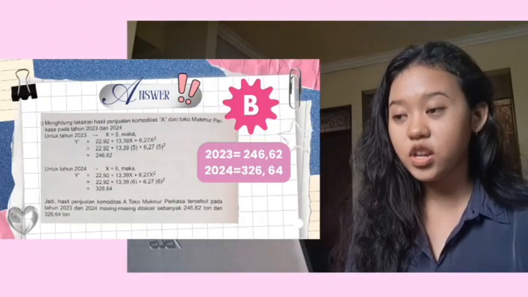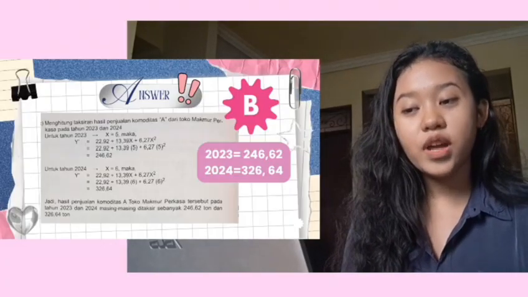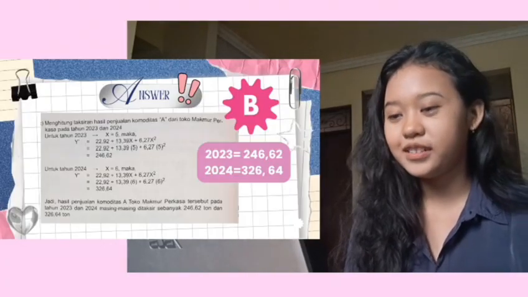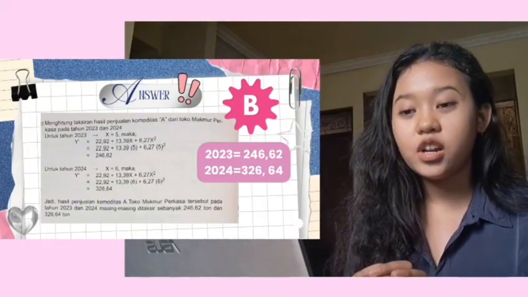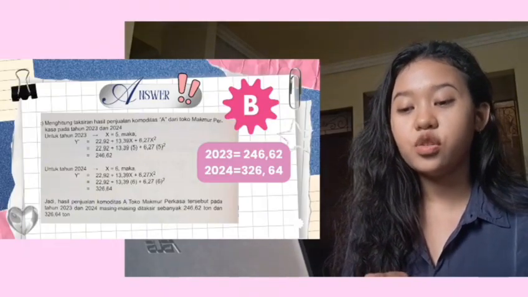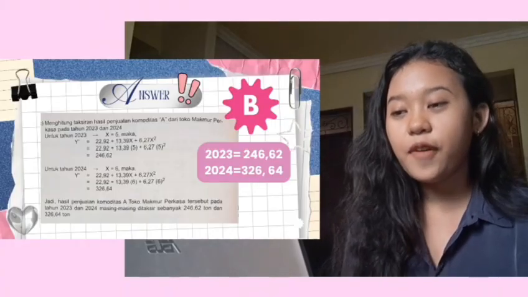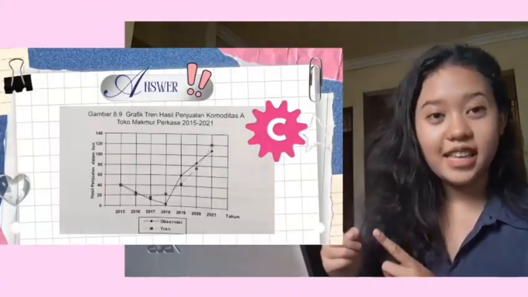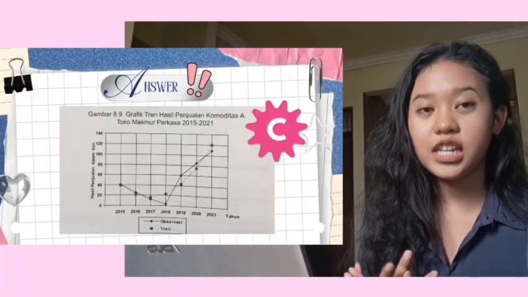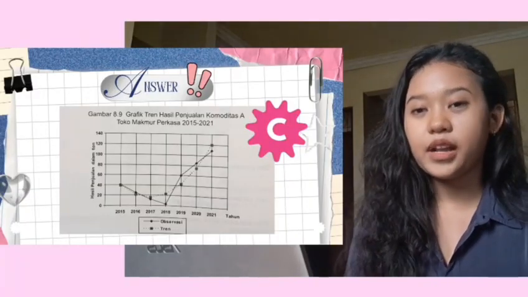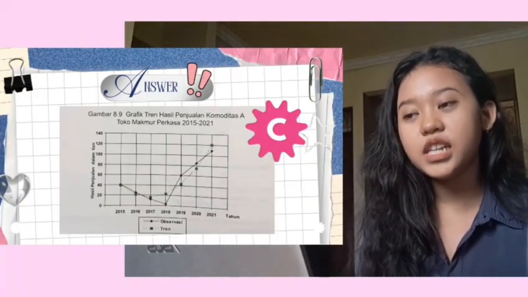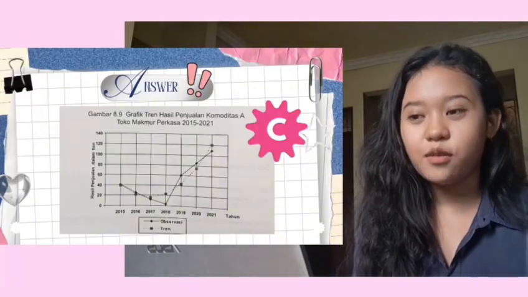And for C, the last question, we need to draw the graph, and we find the graph like this for the equation for the data of Makmur Perkasa during 2015 to 2021.